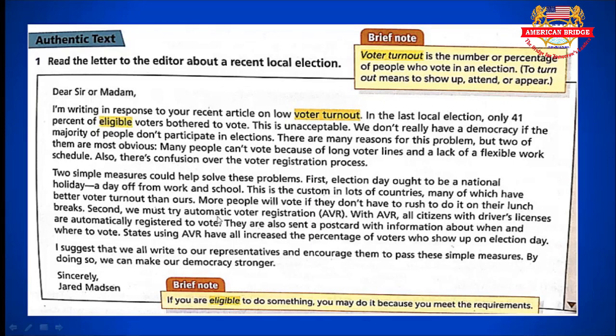They are also sent a postcard with information about when and where to vote. States using AVR have all seen an increase in the percentage of voters who show up on election day. I suggest that we all write to our representatives and encourage them to pass this simple measure. By doing so, we can make our democracy stronger.